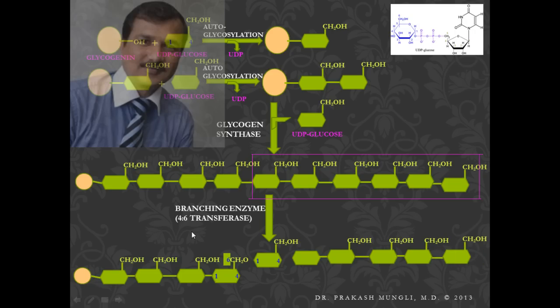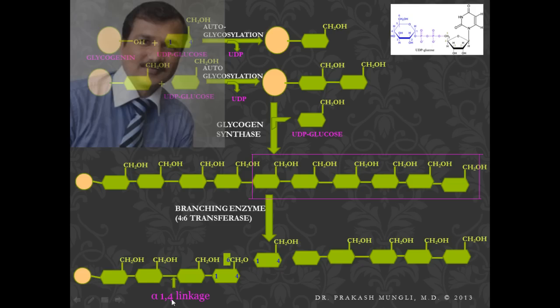In this animation I have shown it individually, but generally the entire thing is cut and attached here. Basically this is carbon 1, carbon 4 and the carbon 6 of this glucose residue here. So this particular area is cut and then attached to the 6th carbon of the glucose residue here. So this is an alpha 1,6 glycosidic bond.